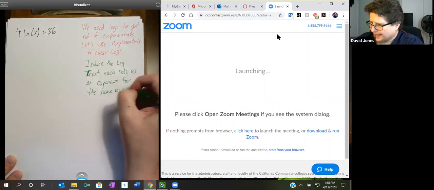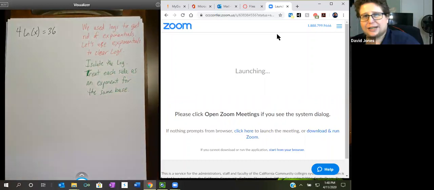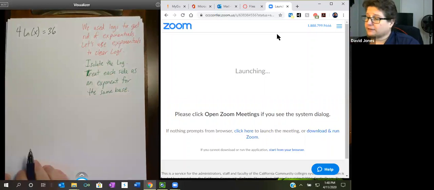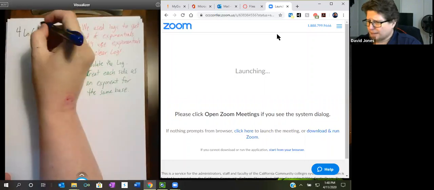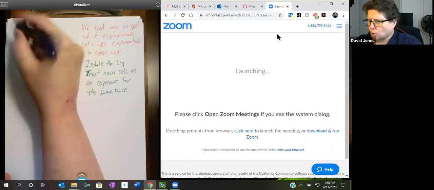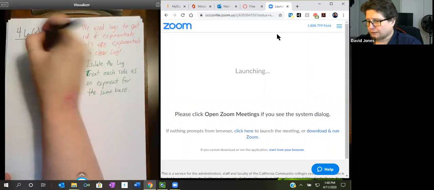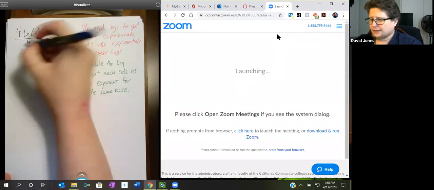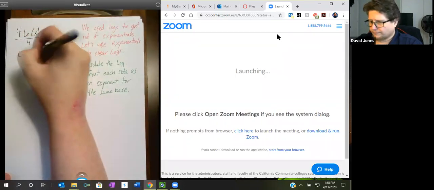And the problem guides the base. You want to do it such that it clears out what you have there. So right now, we've got 4 times the natural log of x equals 36. The natural log of x isn't by itself. I can either move it up as an exponent, or I can just divide by 4. That seems like an easier thing to do.